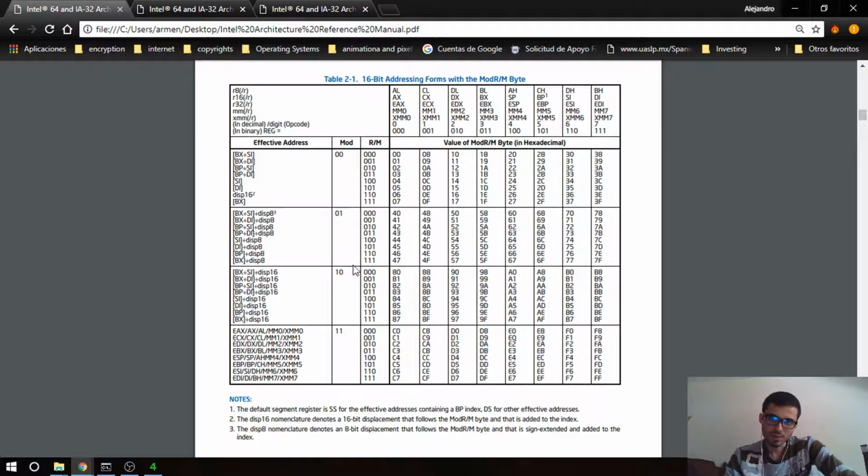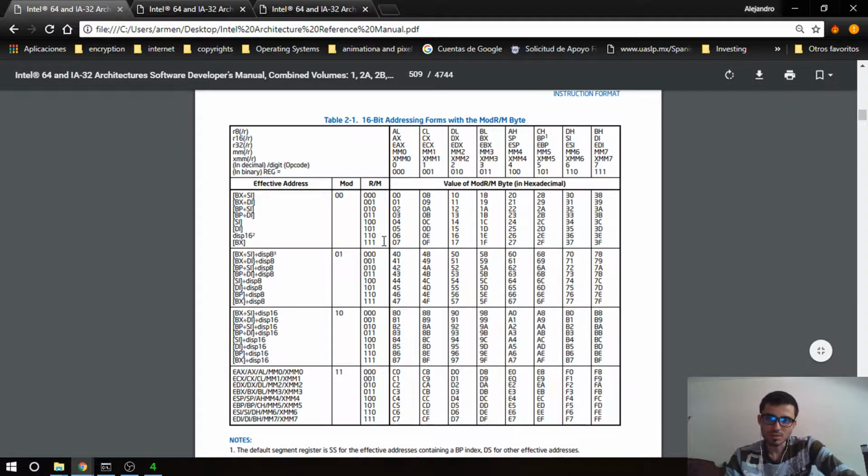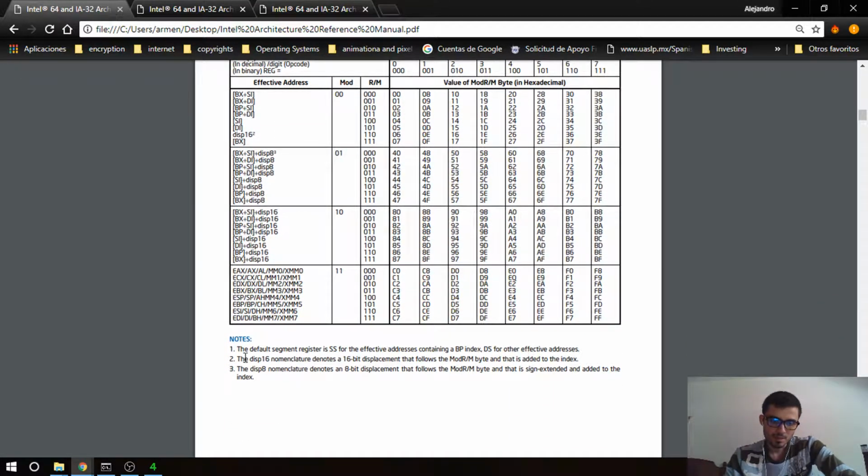I want to find, where is it? The default segment register is SS for the effective address contained in a BP index, DS for the effective address.